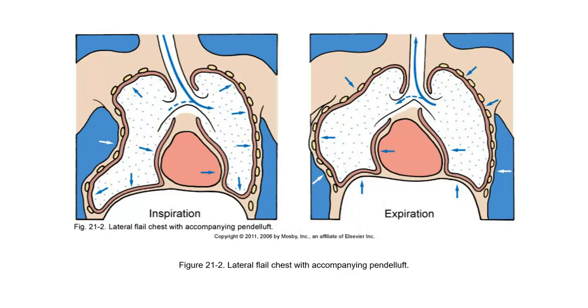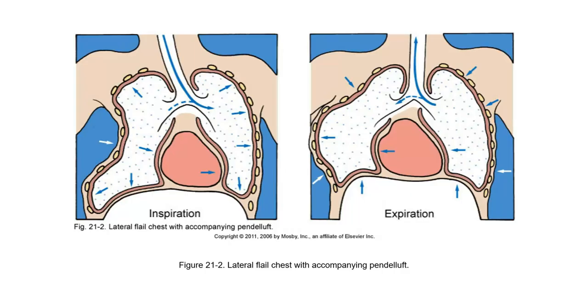Because those ribs are broken, you no longer have an intact system. On inspiration, the patient takes in a breath, part of their chest is going to cave in or suck in. This is going to push air into the unaffected side, and basically it just goes back and forth.